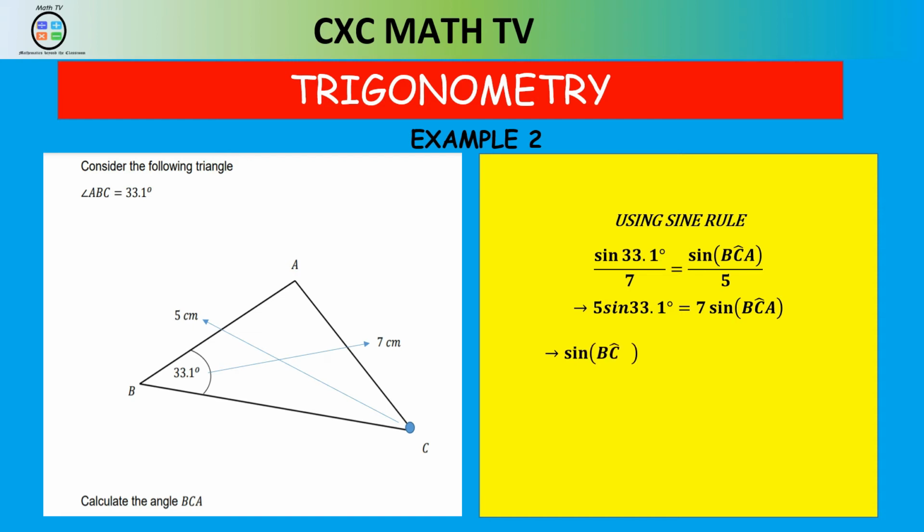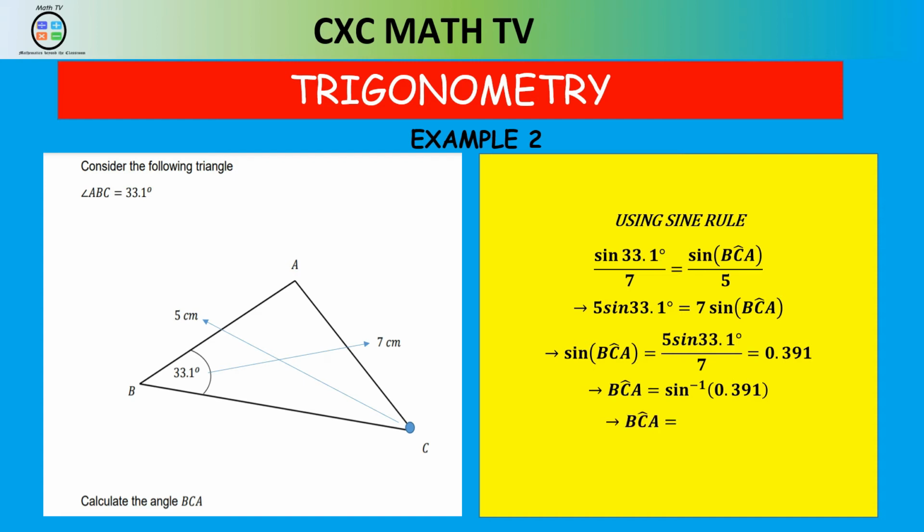So we need to make the sine of BCA the subject. So we transpose. We multiply both sides by 5 to get sine BCA is equal to 5 sine 33.1 degrees divided by 7. And we get 0.391. Now, in order to get angle BCA, we need to take sine inverse.